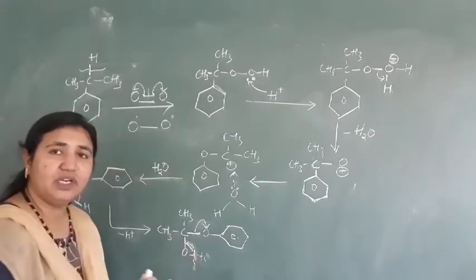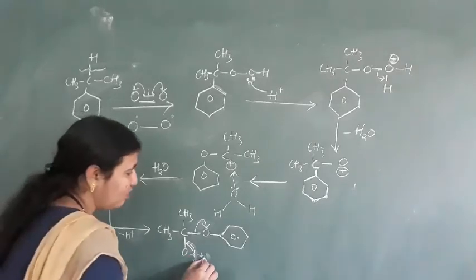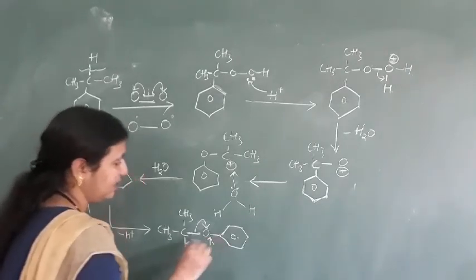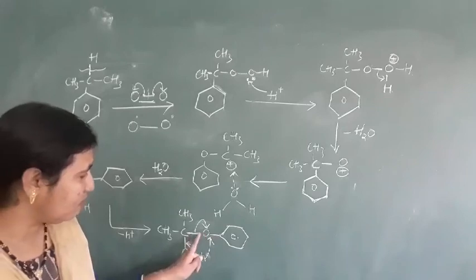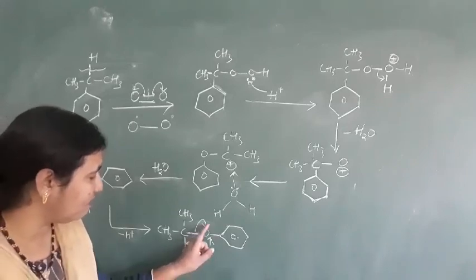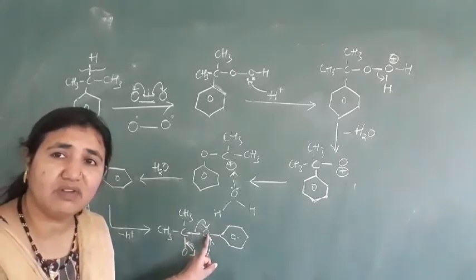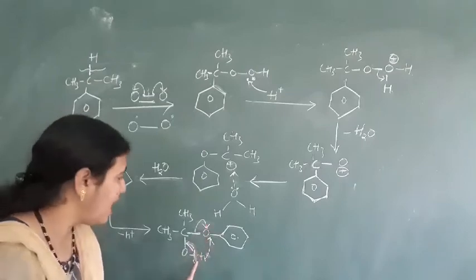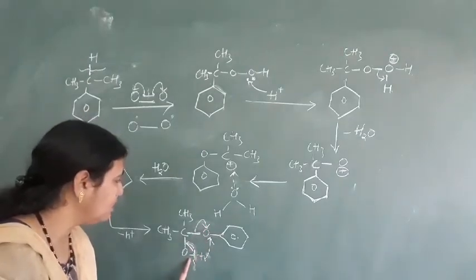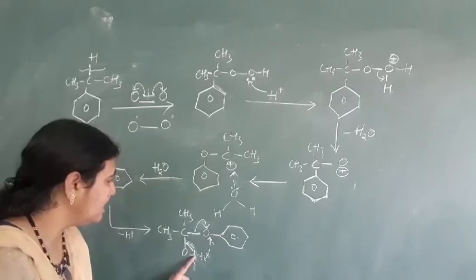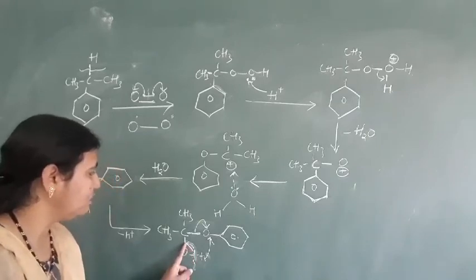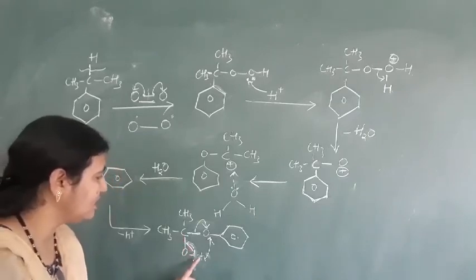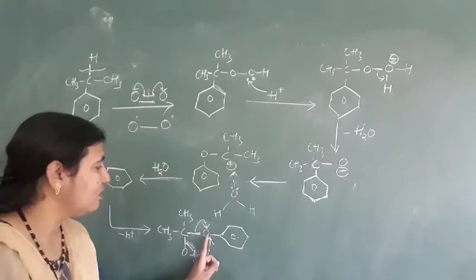This hydrogen is removed as H plus and will go to this oxygen. The carbon and oxygen bond breaks, so the two electrons come onto this oxygen, which gets a negative charge. Now this oxygen and hydrogen bond also breaks, and this bond shifts to the carbon and oxygen. So H plus will go to this oxygen.